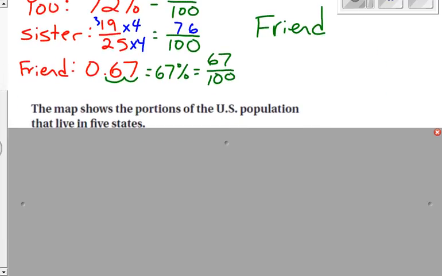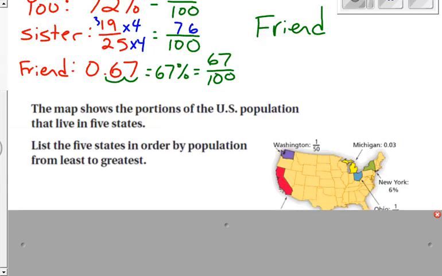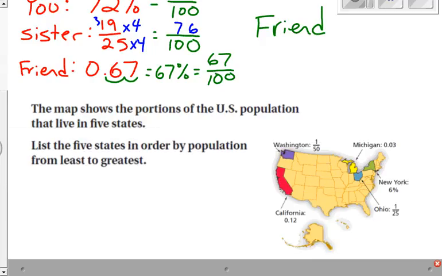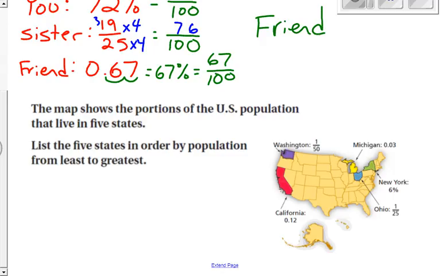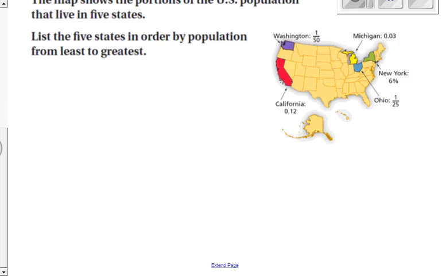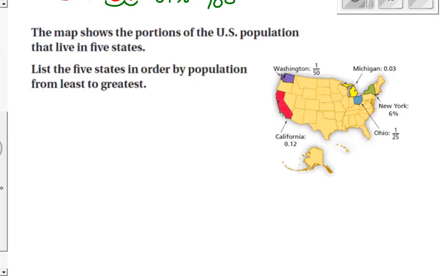The next problem says the map shows the portions of the U.S. population that live in 5 states. List the 5 states in order by population from least to greatest. So the 5 states that we have are Washington, and it has a population of 1/50. Then we have Michigan.